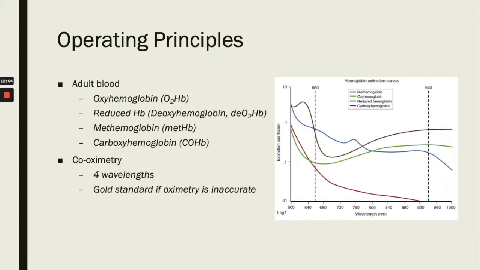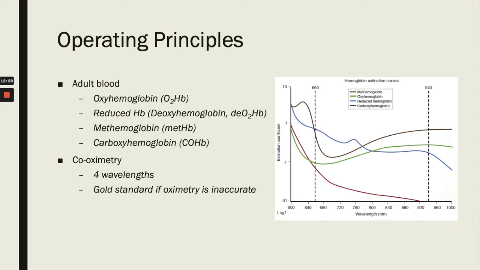wavelength for red light. And over here on this side, you see that methemoglobin absorbs more infrared light than just about all the other hemoglobins. So it absorbs more infrared light than oxyhemoglobin and reduced hemoglobin, and you see that carboxyhemoglobin is basically invisible.